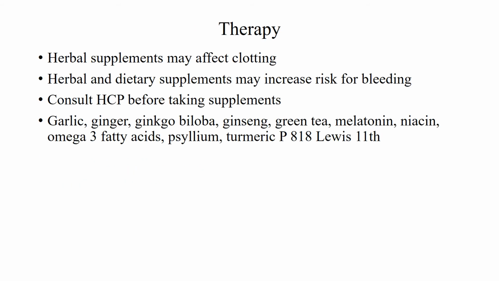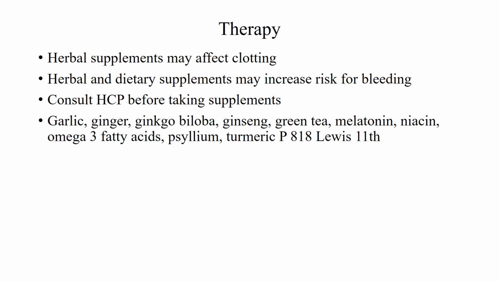So before I end with this part on thrombus formation or venous thromboembolism and peripheral vascular disease, I'd like to touch on some herbal supplements that may affect clotting. So some herbal and dietary supplements may increase the risk for bleeding.